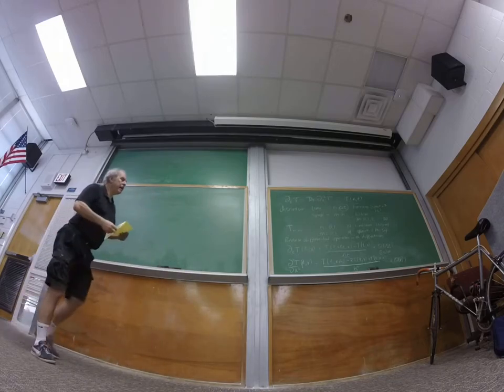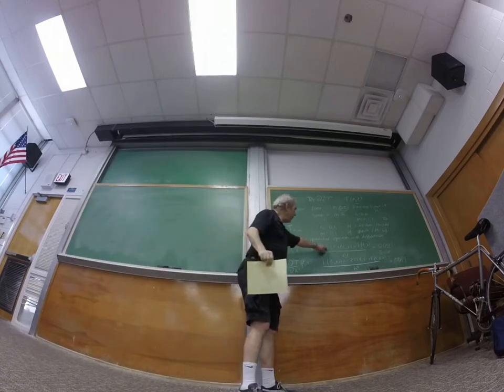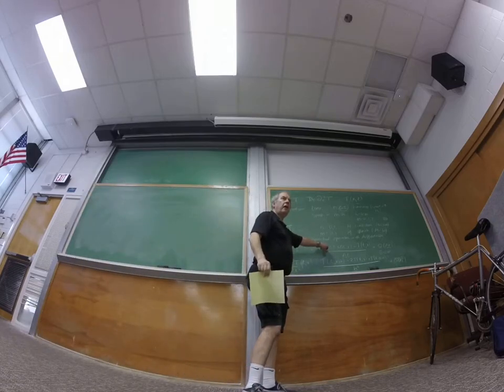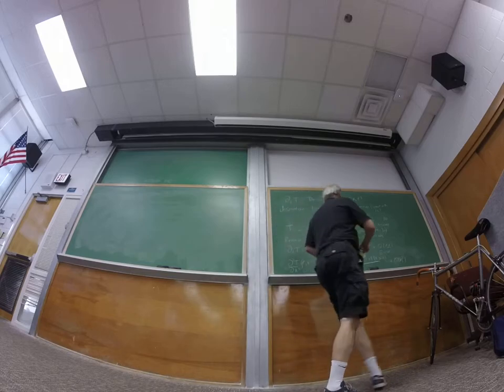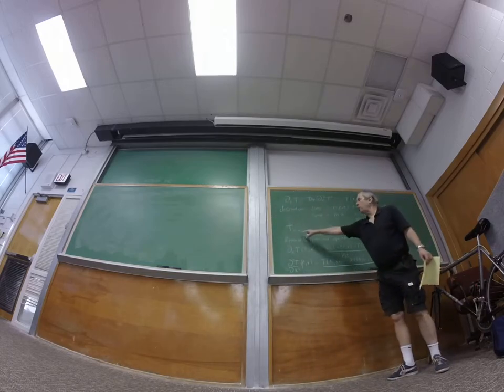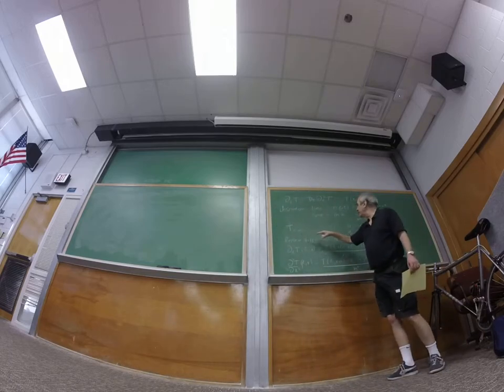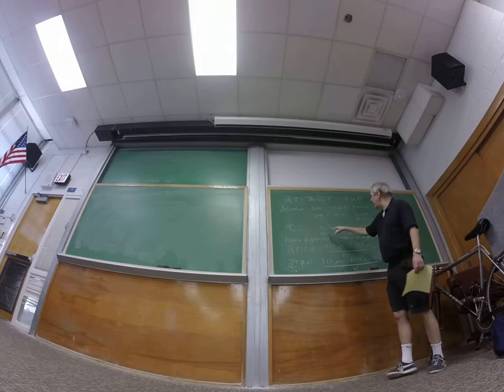So let me now, instead of writing these, replace them by this kind of notation. T at t and x I'm going to call T n m, because I'm just going to essentially replace my x by m times h and t by n times delta t.